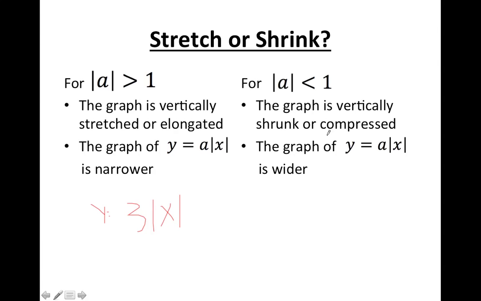And a shrink, or most times we'll call it compression, will be anytime the absolute value of the number up front of x is less than 1. So it's going to be a fraction, remember? So if we have y equals 1/2 the absolute value of x. So those are a couple more transformations we can discuss.